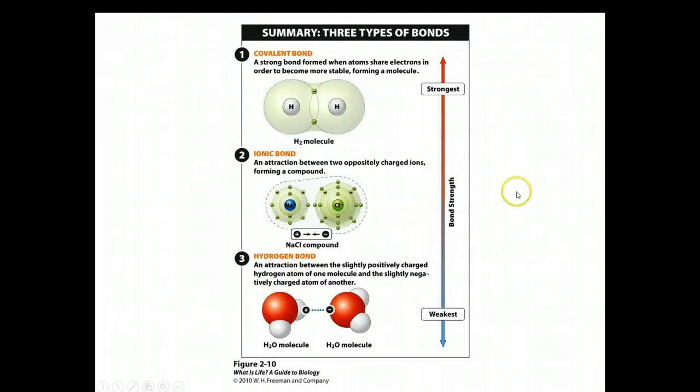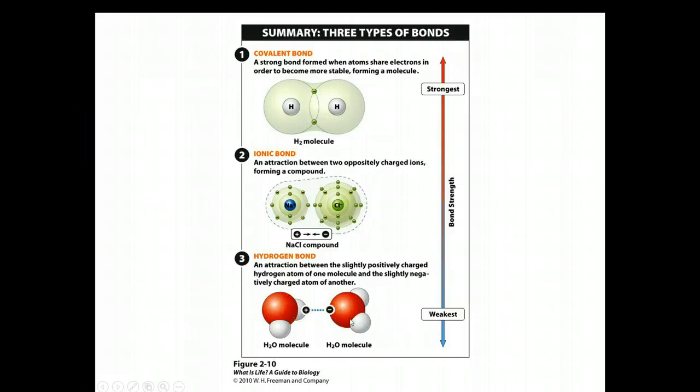So covalent bonds are sharing. Whenever you see the word co, just think of cohabitate or sharing. Valent bond, an H2 molecule is an example, and an ionic bond would be sodium chloride, and then hydrogen bonding would be that weak attraction, with van der Waals-like forces, between water molecules.